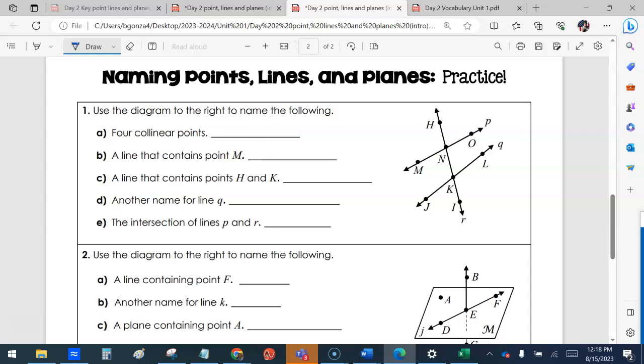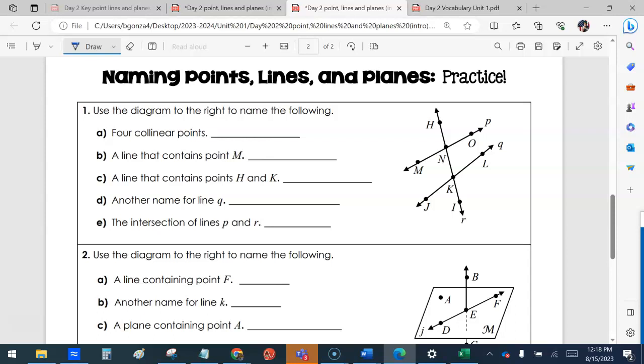All right, number 1, use the diagram to the right to name the following. 4 collinear points. So again, collinear means in a straight line. Who can see 4 points in a straight line? What do you think? Okay, so real quick, I want to make sure I show one that's not true.